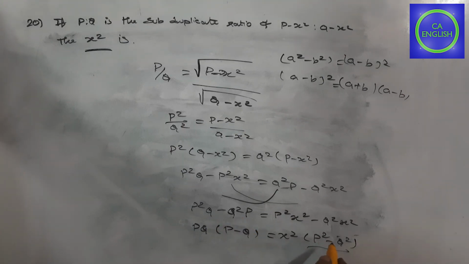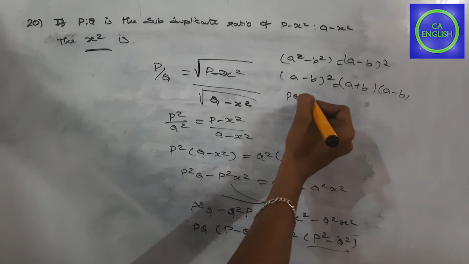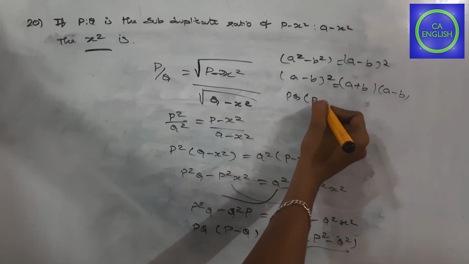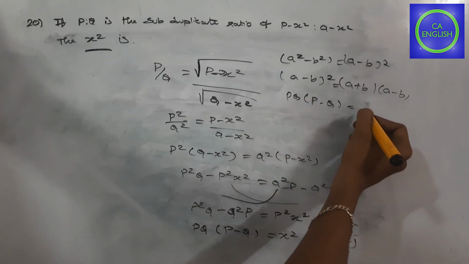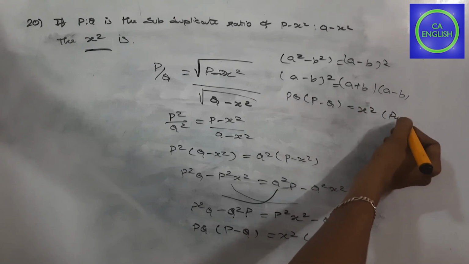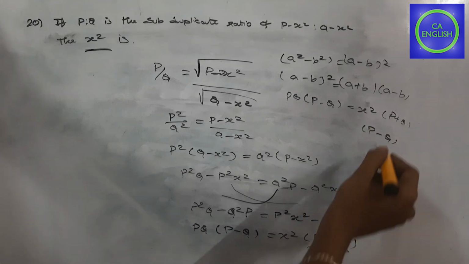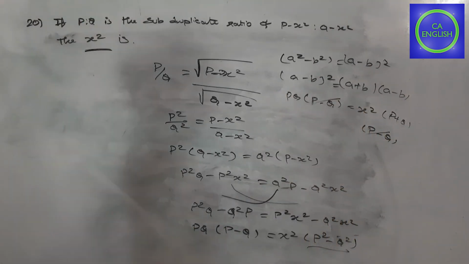We can write this as p q into p minus q equal to x square into p plus q into p minus q. Just cancel the p minus q.